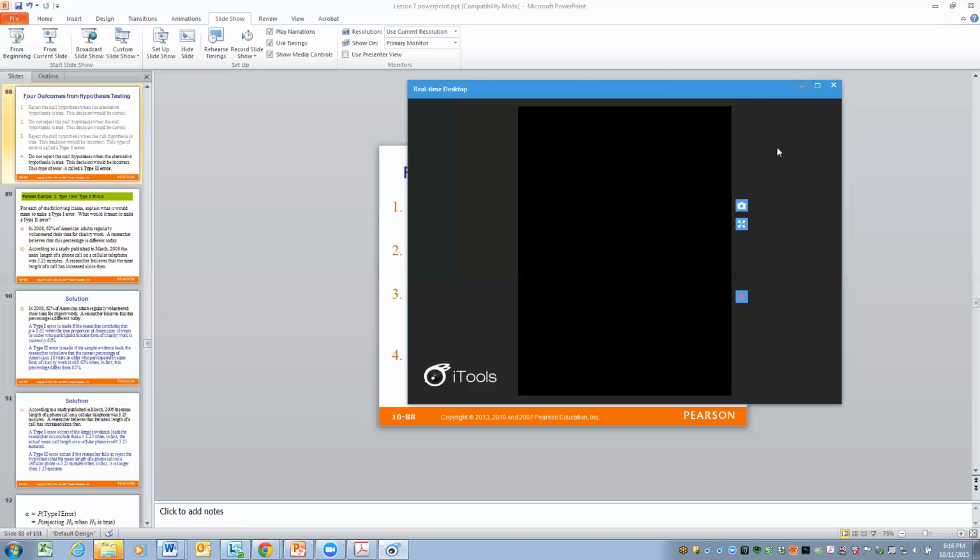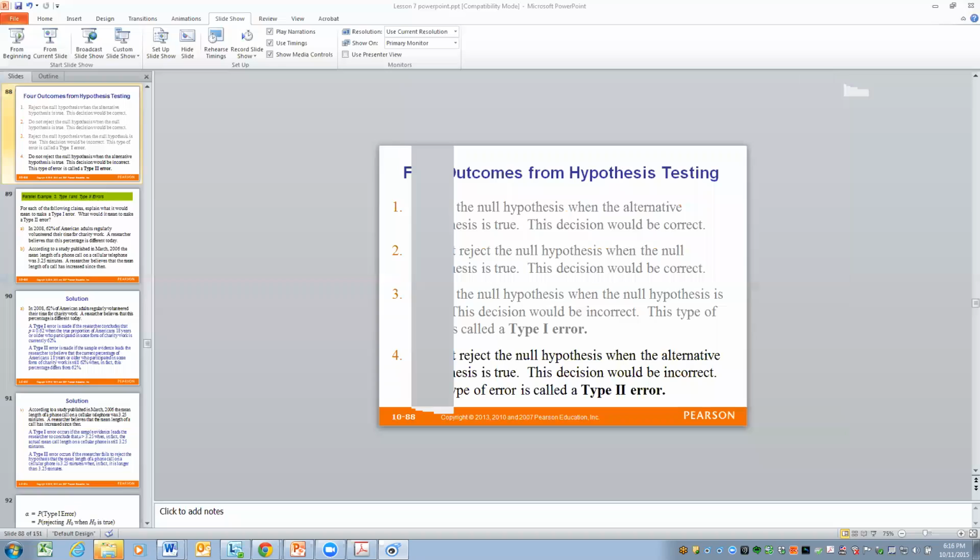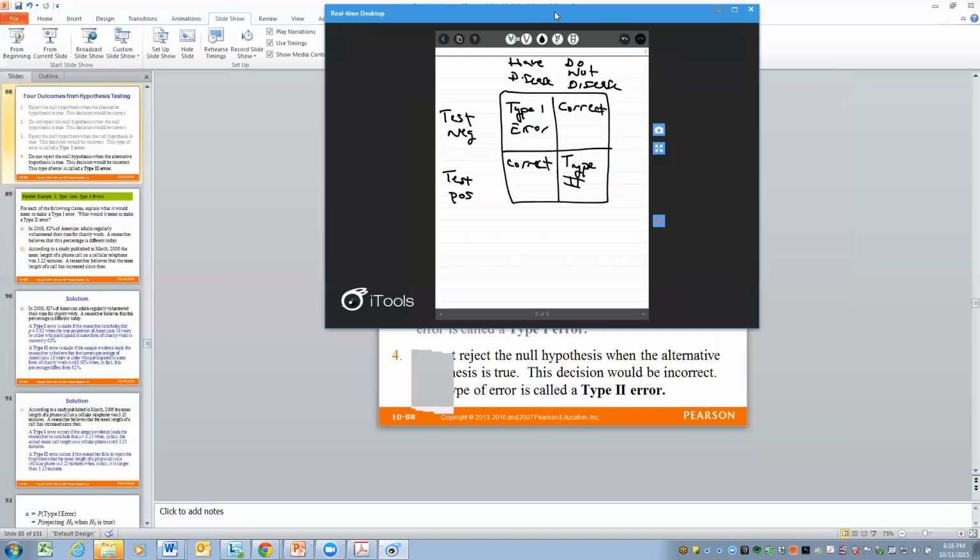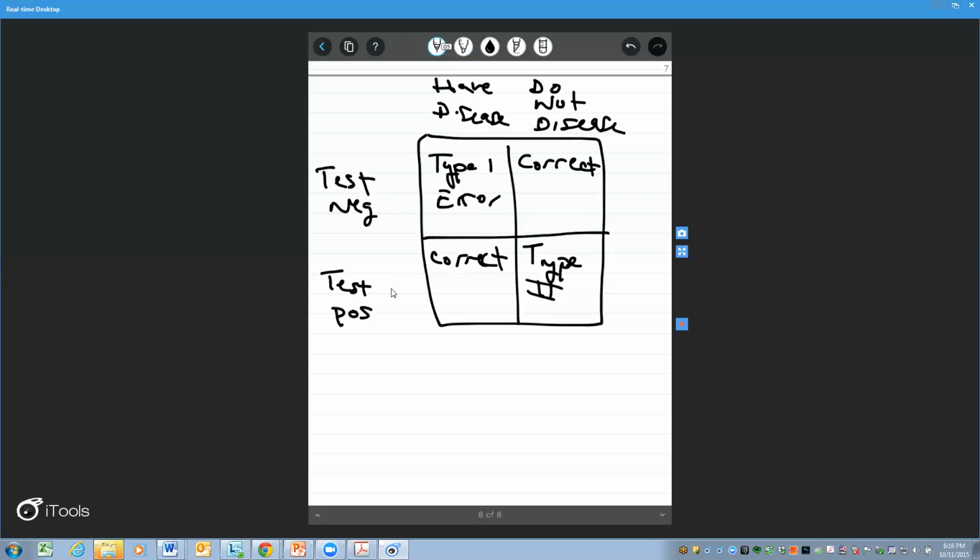Because if somebody did not have the disease and you subjected them to a horrible treatment, they're probably going to be suing you for malpractice. So what happens if we've done a test on a disease and it does come back as positive?